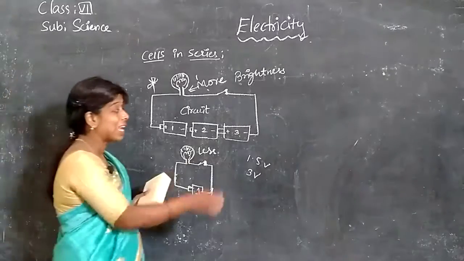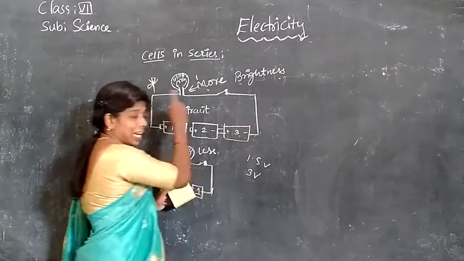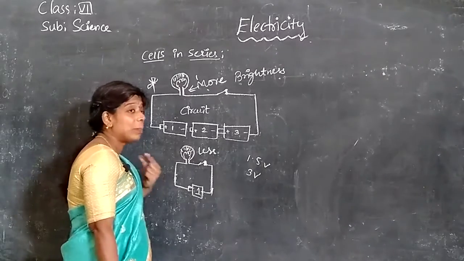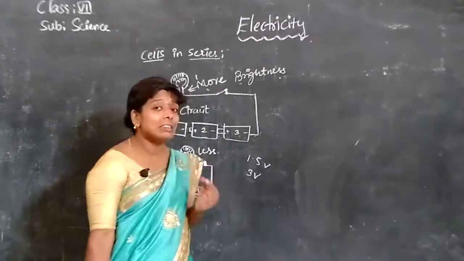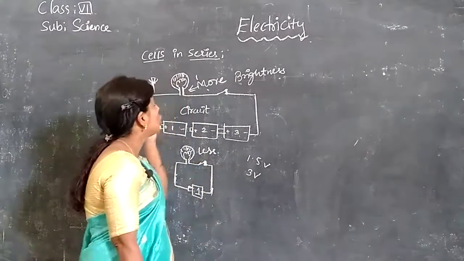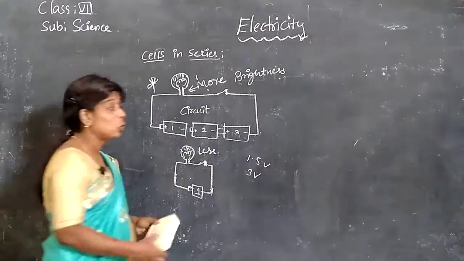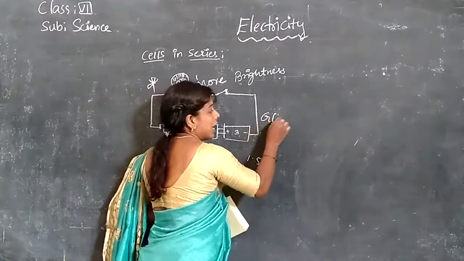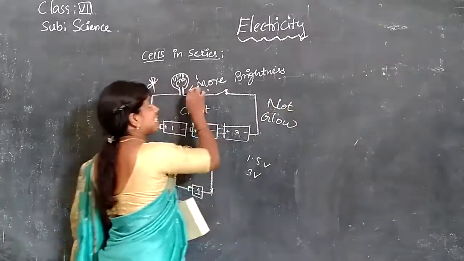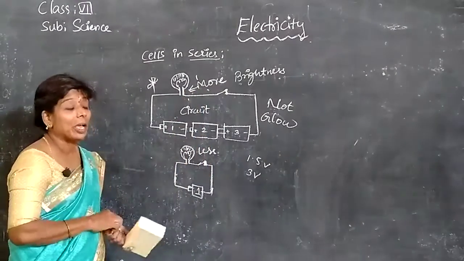If there is any break in the connection in cells in series, it will not glow. Light will not come.